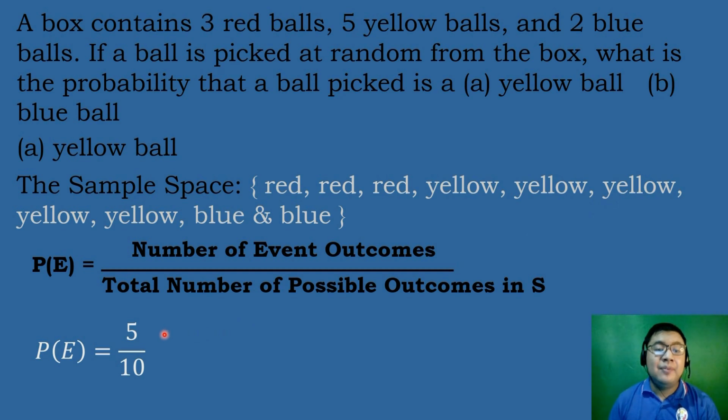So we have 5, which is the number of event outcomes, all over the total number of possible outcomes in the sample space, which is equal to 10 because there are 10 balls inside the box. So we have 5 over 10. We will get the lowest term of 5 over 10, and that is equal to 1/2. Therefore, the probability of picking a yellow ball is equal to 1/2. There is a 50-50 chance in picking a yellow ball.